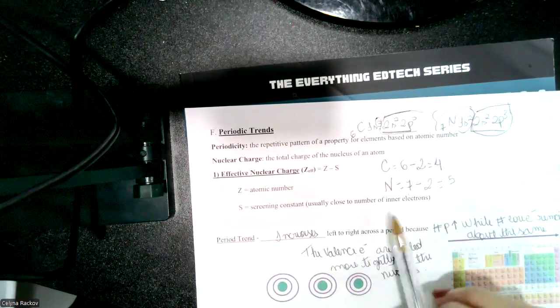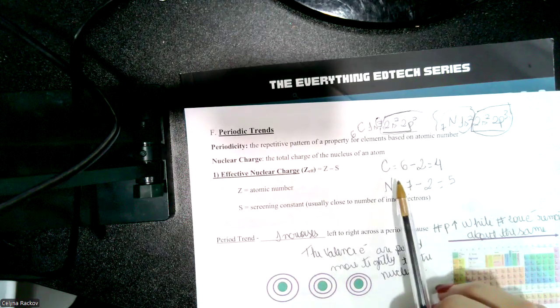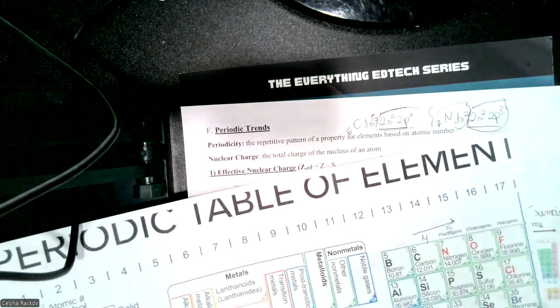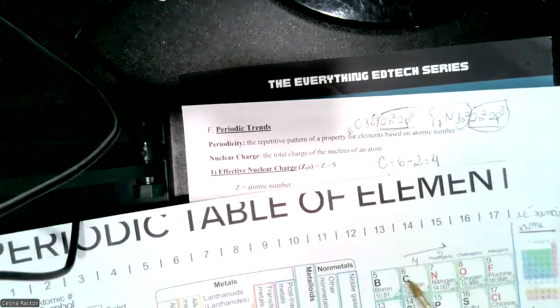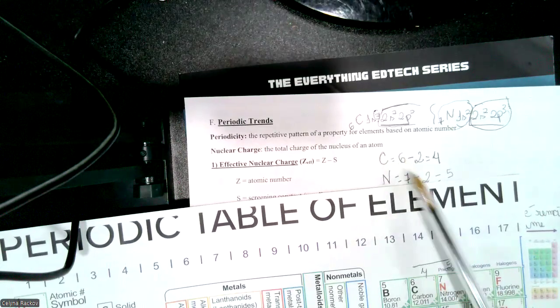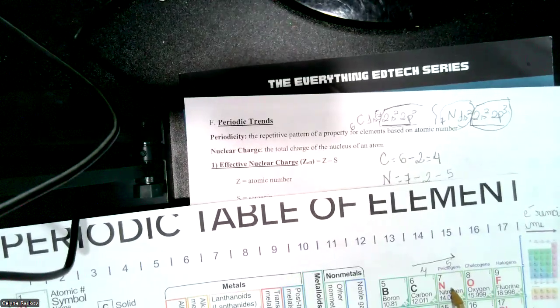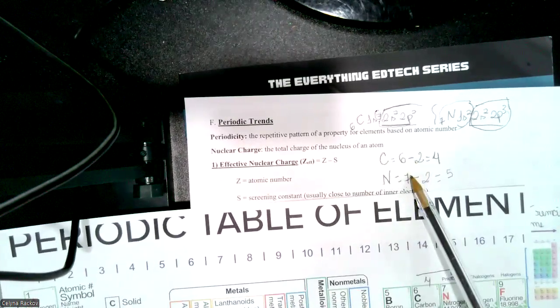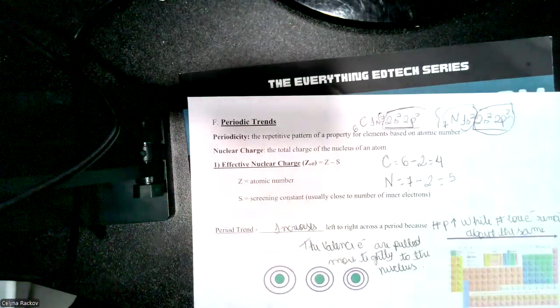So, for example, carbon and nitrogen, right? Carbon has atomic number 6, Z equals 6, and nitrogen has atomic number 7, Z equals 7.